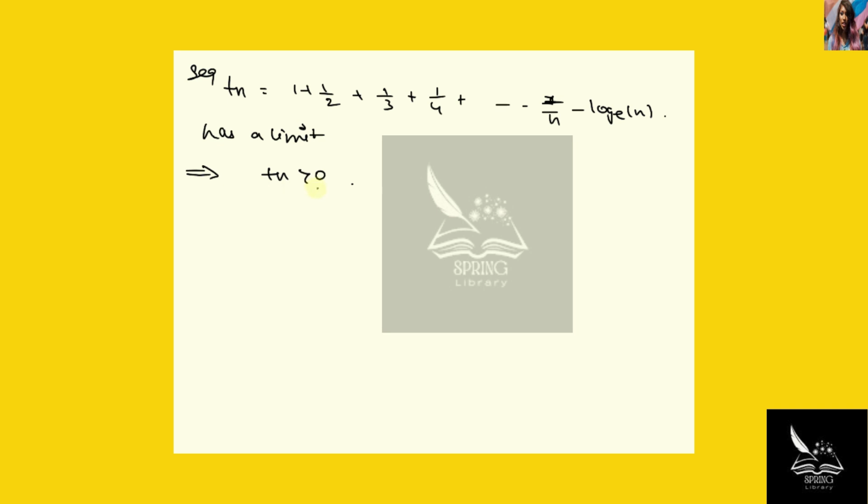So here first of all we need to prove that. So here as we know that this is a harmonic series and here the series will be 1 plus 1 by 2 plus 1 by 3 plus 1 by 4 up to 1 upon n.